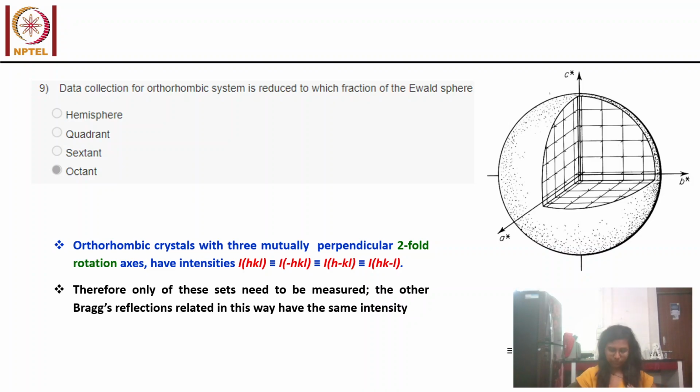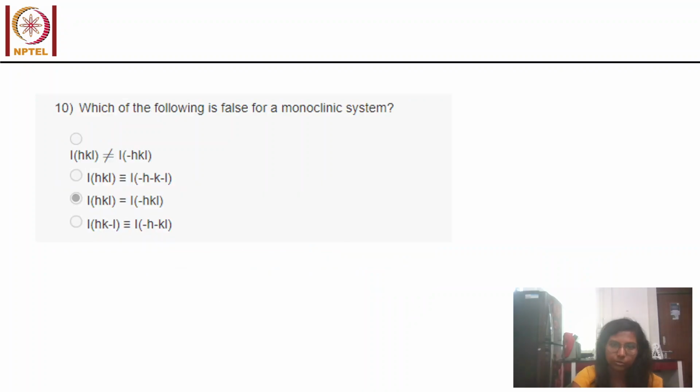Then from triclinic we have the monoclinic, and compared to monoclinic, orthorhombic has higher symmetry. So before discussing orthorhombic, we will first discuss monoclinic. There was also a question related to the monoclinic system, so we will first discuss this monoclinic system.